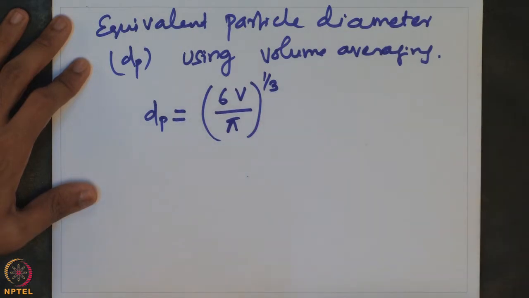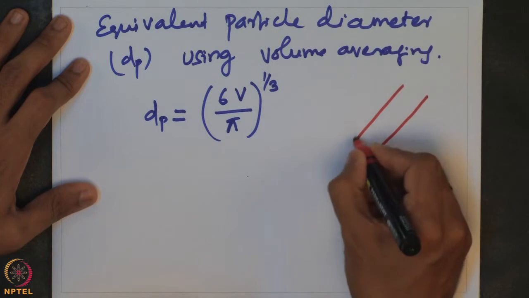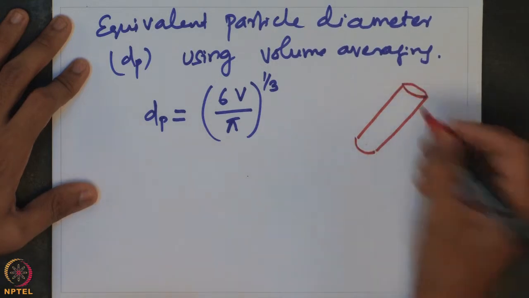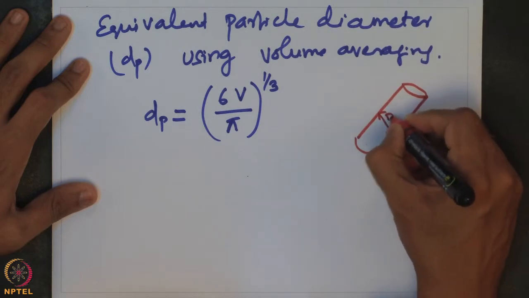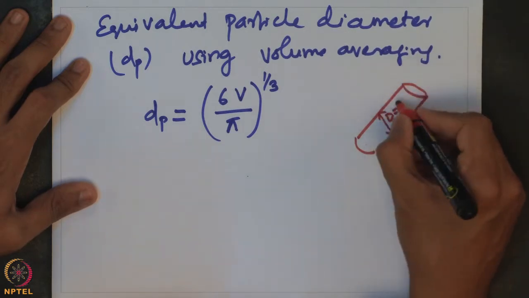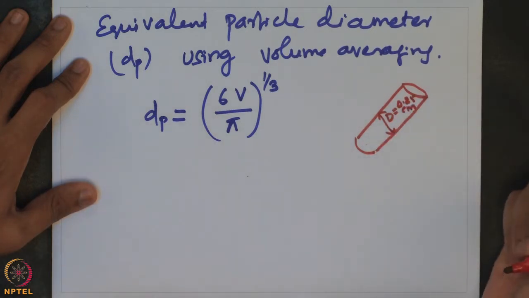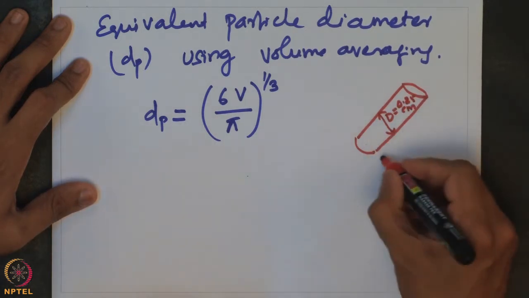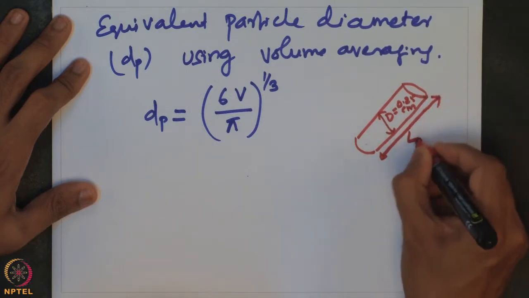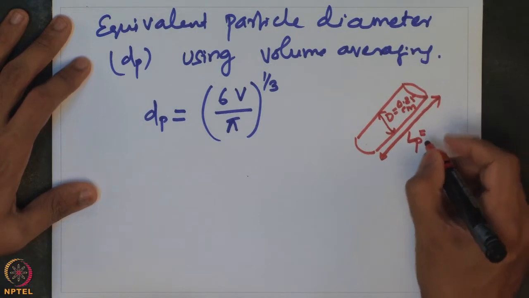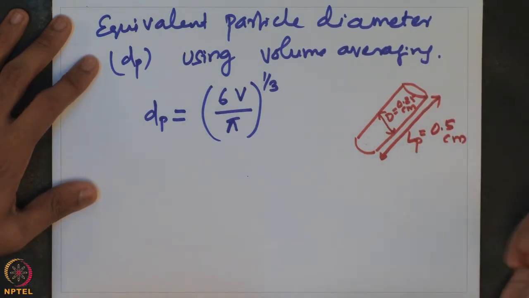So, let us say we sketch the cylinder here. The diameter of the cylinder, let us say d is equal to 0.25 centimeters, and the length of the cylindrical catalyst pellet is equal to 0.5 centimeters.